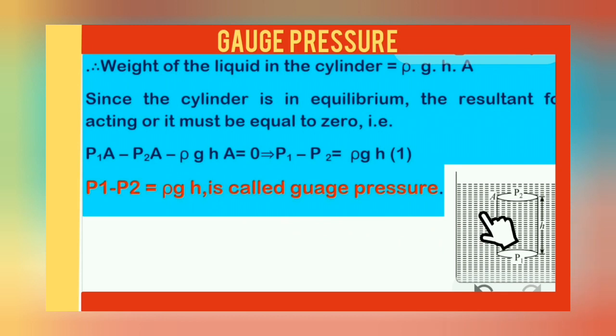That is, P1 A minus P2 A minus rho g h A is equal to 0. That is, P1 minus P2 is equal to rho g h. It is called gauge pressure.